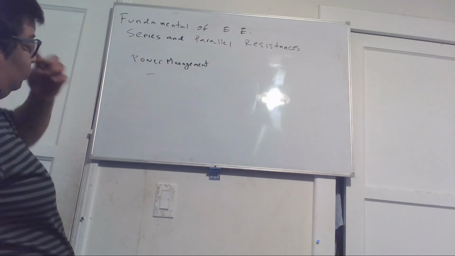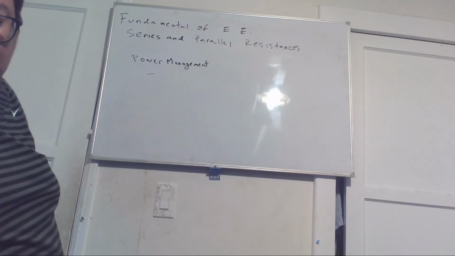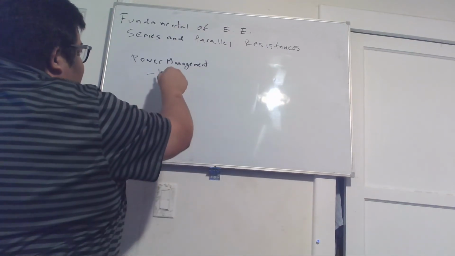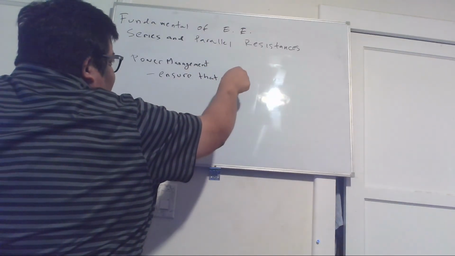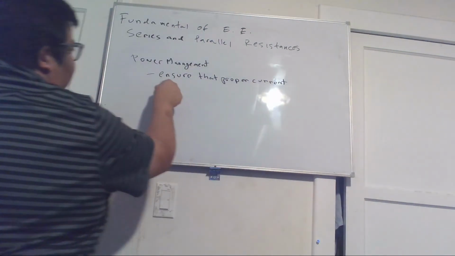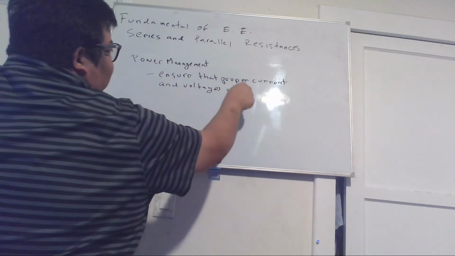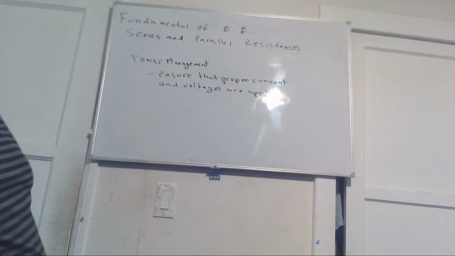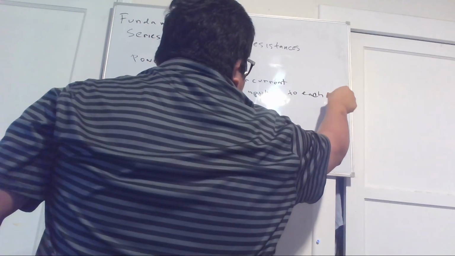In power management, what I'm trying to relate to series and parallel resistance is that for each electronic device we create, we need to ensure that proper current and voltages are applied to each device.